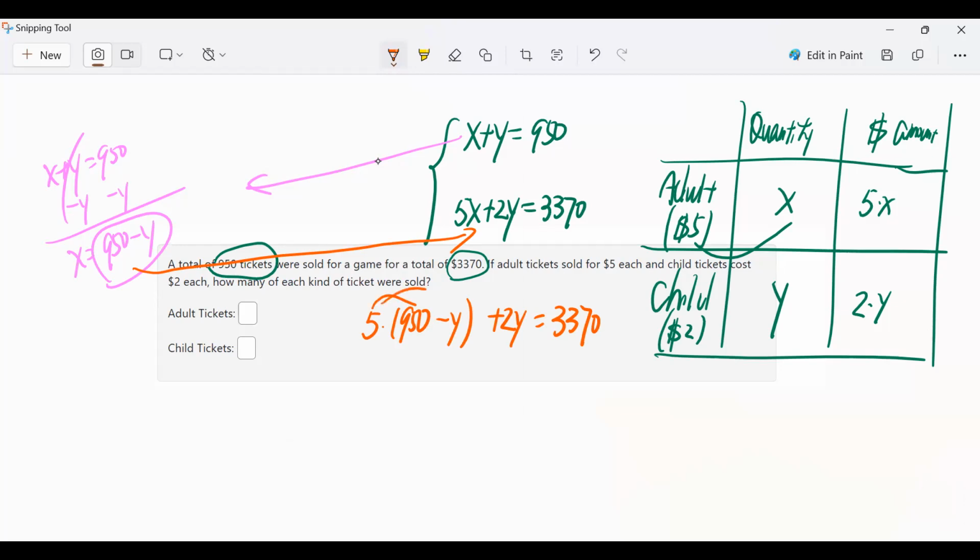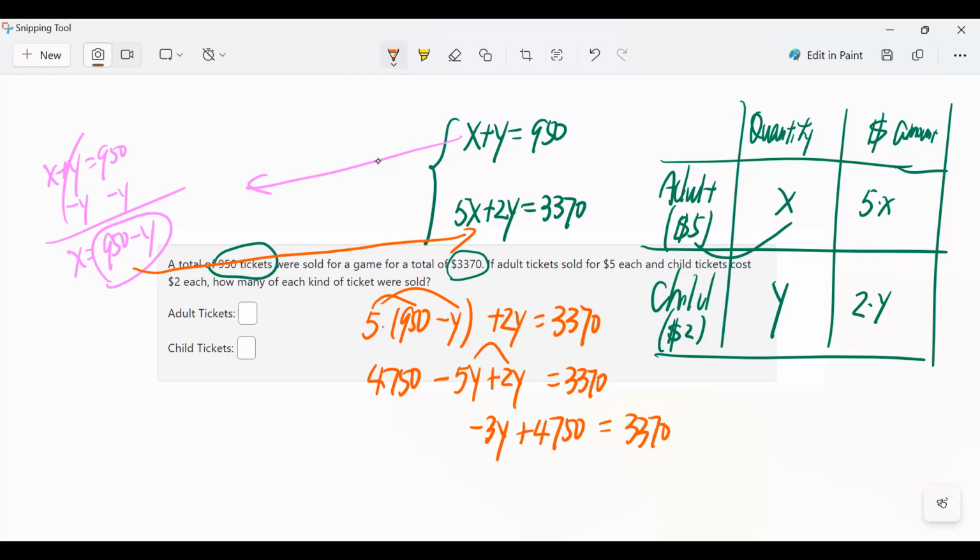So distribute first. 5 times 950 will be 4,750. 5 times negative y is minus 5y, plus 2y equals 3,370. Now combine the variable terms: minus 5y plus 2y is minus 3y, adding 4,750, that gives us 3,370.